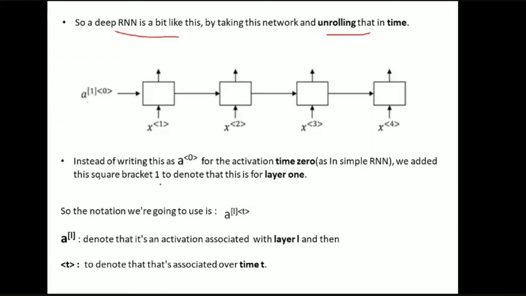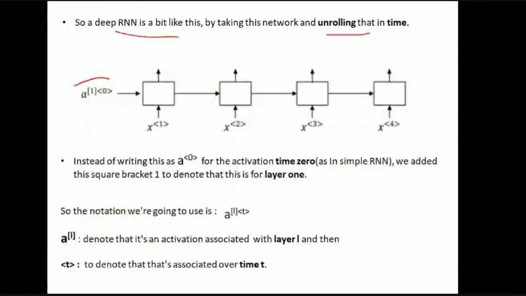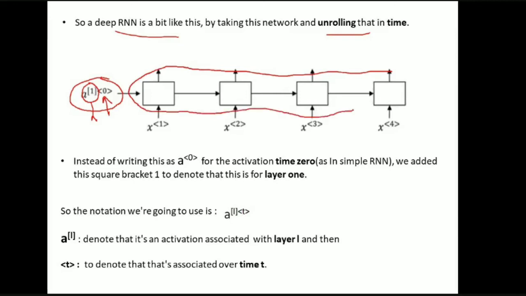Till now, for a normal RNN, we represented the activation as A0, right? But now the representation here is A in square brackets 1 and angular brackets 0. The square bracket 1 represents layer 1, and this is the 0th activation. So this complete layer is layer 1.